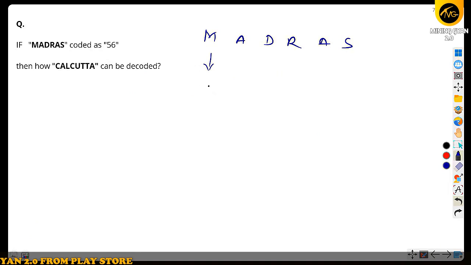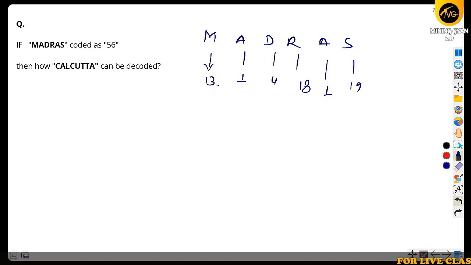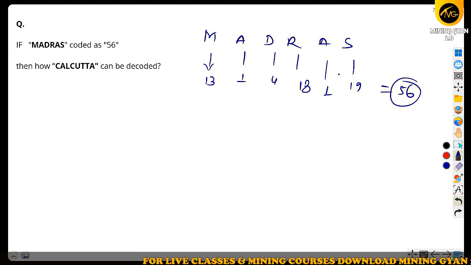The base number for M is 13, A is 1, D is 4, R is 18, A is 1, and S is 19. You can cross-check by adding these numbers: 14, 18, 36, 37. It will be 56. So correct. Basically, MADRAS is decoded by adding all the base numbers of the respective alphabets.